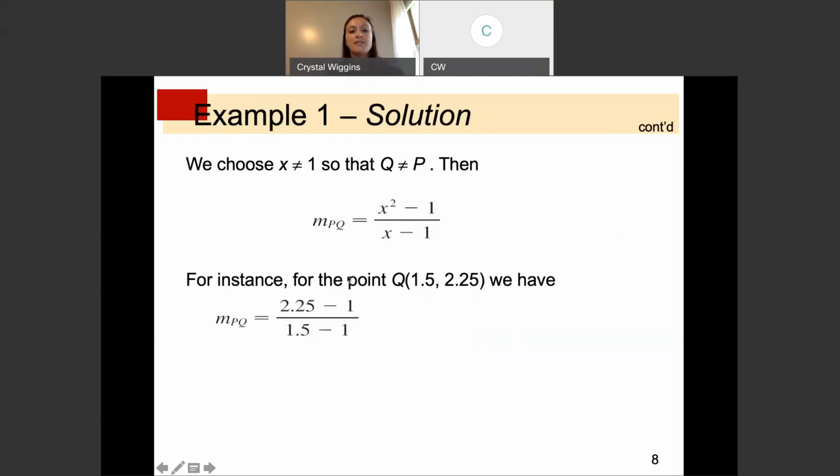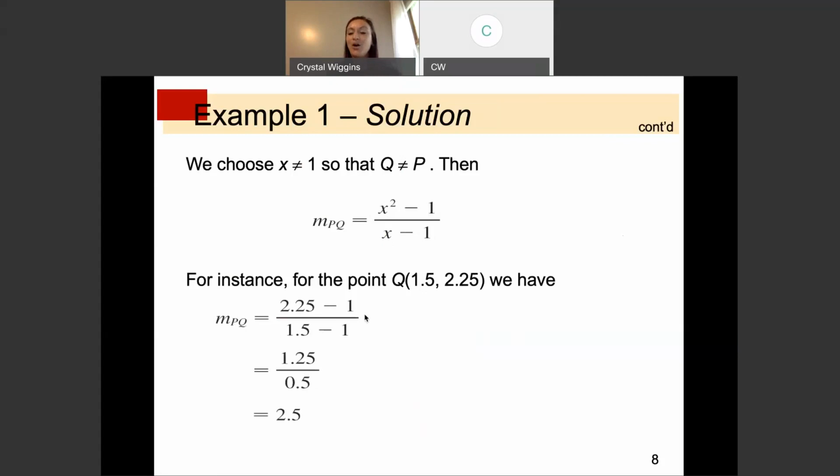So then we replace the x squared with the appropriate y value. We replace the x with the appropriate x value, and we calculate the slope of this secant line. So the slope of the secant line comes out to be 2.5.